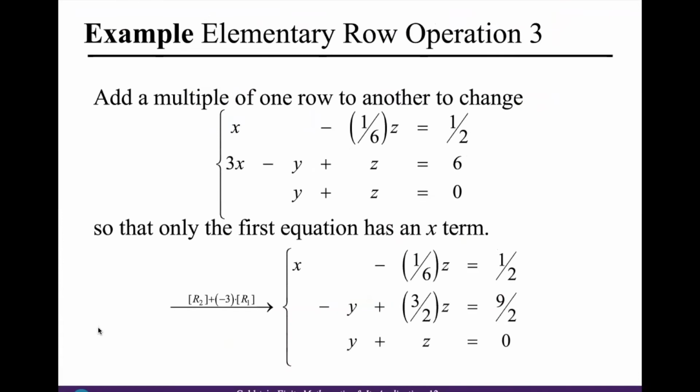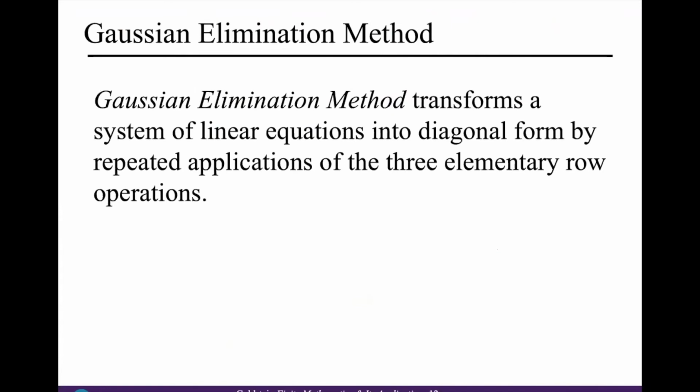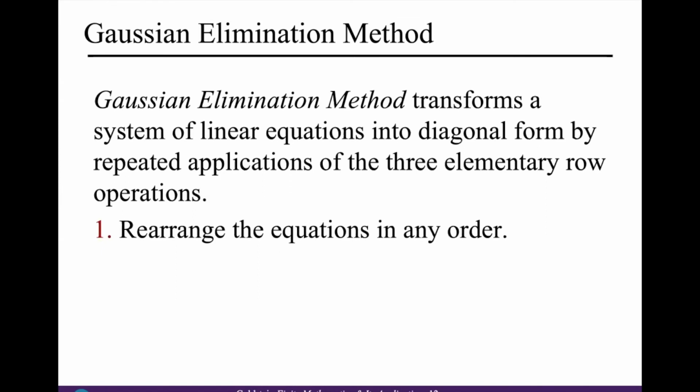All right, so this is the same thing that we ended up with. All right, so what you've been seeing here is steps in what's called the Gaussian elimination method. The Gaussian elimination method transforms a system of linear equations into diagonal form by repeated applications of the three elementary row operations, which again are number one, rearrange the equations in any order.